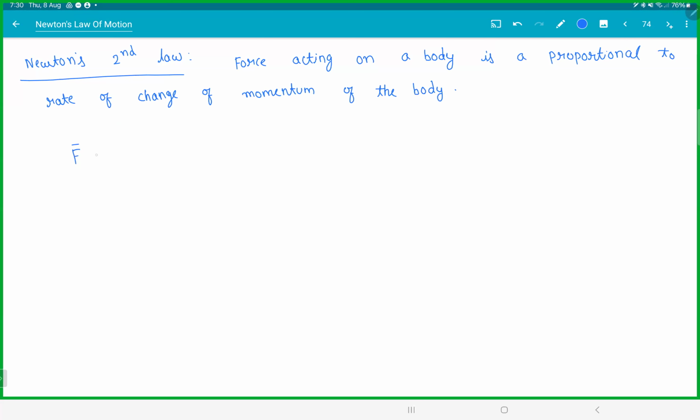So the force is proportional to dp by dt. So if someone asks you what is Newton's second law, you say this. F is proportional to dp by dt. The proportionality constant: F is equal to k into dp by dt.